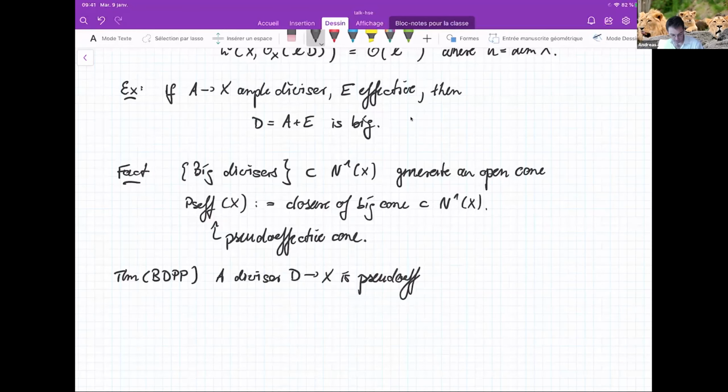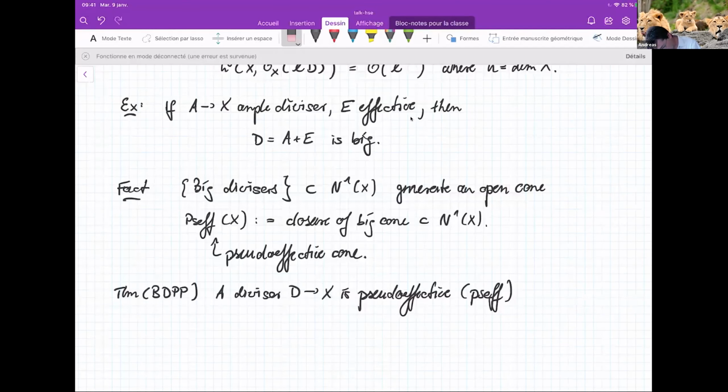A divisor is pseudo-effective if and only if the intersection numbers D intersected with C are non-negative for all the curves C in X. Not arbitrary curves, but just those curves such that some multiple of C deforms in a covering family, or dominating family, of X.